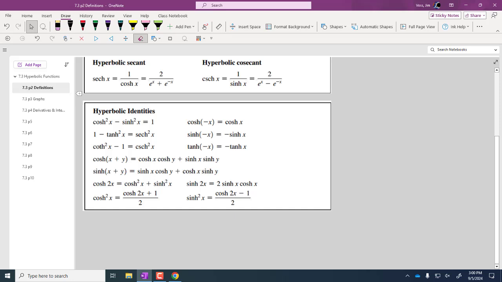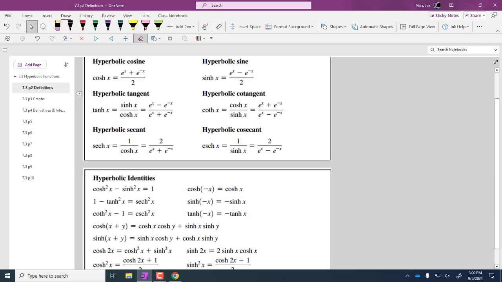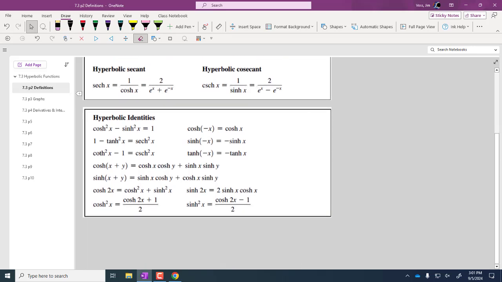But just notice, up here we talked about cosh and sinh, the average of the growth and decay, etc. These all parallel as well. So let's focus on the most important identity for the hyperbolics. Instead of sine squared plus cosine squared equals 1, you have cosh squared minus sinh squared equals 1.